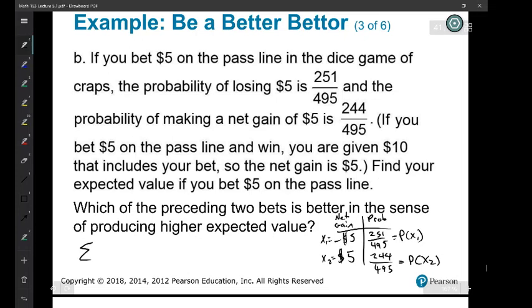So the expected net gain, E, is the sum of the products of each possible outcome times its corresponding probability. So we have negative $5 times 251 out of 495, plus $5 times 244 out of 495.